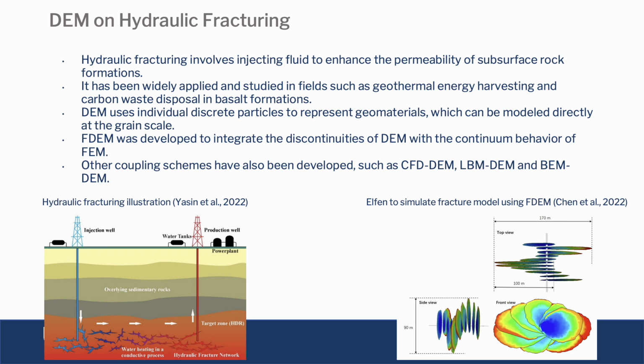The figure on the bottom left shows a simplified illustration of how a hydraulic fracture network improves permeability or conductivity, allowing fluid to flow efficiently from the injection well to the production well. Since DEM uses discrete particles to represent geomaterials, it is particularly suited to simulate fracture networks.